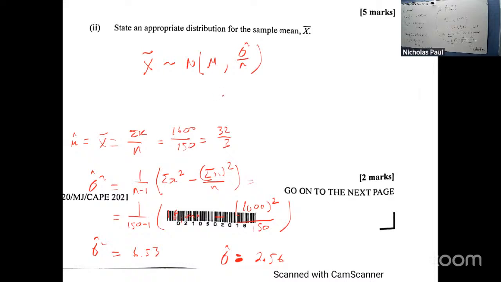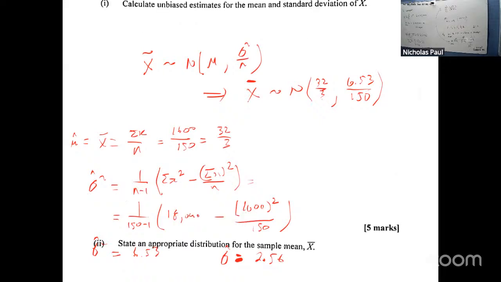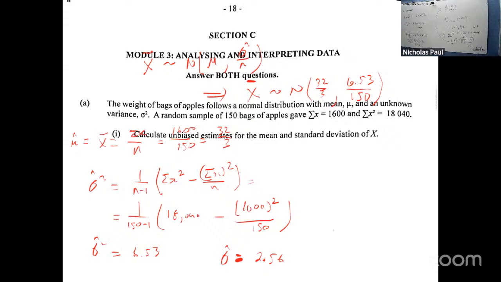So your answer will be X bar is normal, the mean is 32/3, and the variance is 6.53 over 150. The question did say it follows a normal, so we do have to say by the central limit theorem.